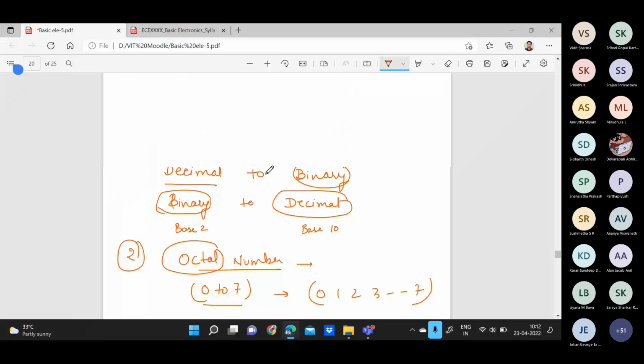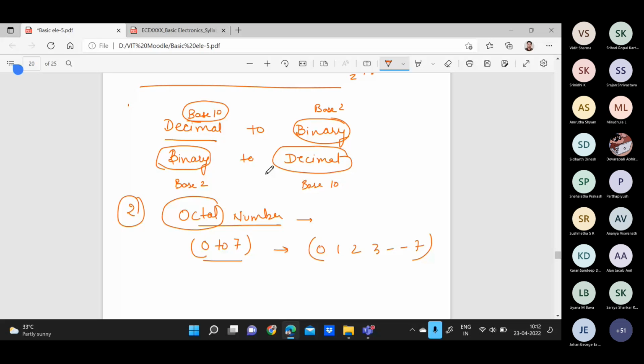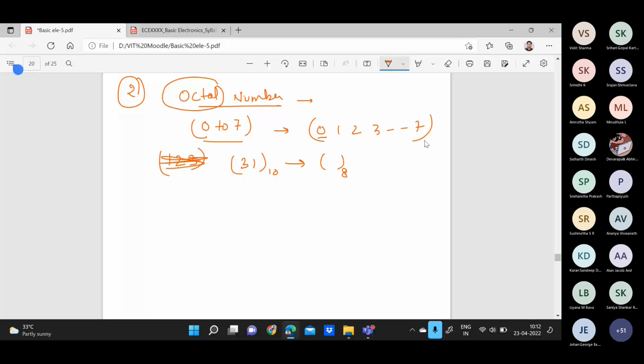So if you have any decimal number, for example, I'm not taking more value, I'm just taking suppose 31, in the decimal, and you need to convert into the octal number. Octal says we have only the digits starting from 0 to 7. Understand? Procedure, as you already know, if you have any number in the decimal like this and you need to convert into the binary form, how we did?